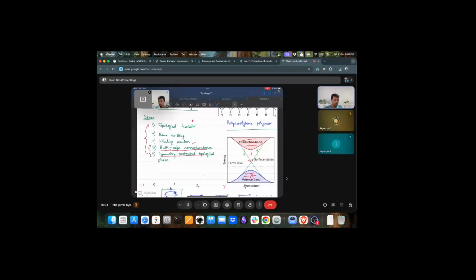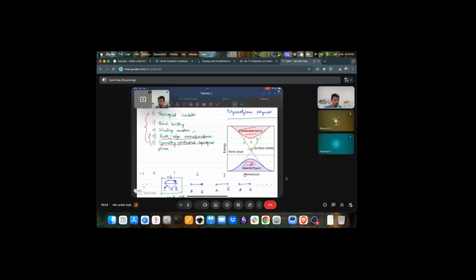What do we mean by topological insulator? And then band twisting, winding number. Then there's something called the bulk edge correspondence, or we also call it bulk boundary correspondence. And then the symmetry protected topological phases.